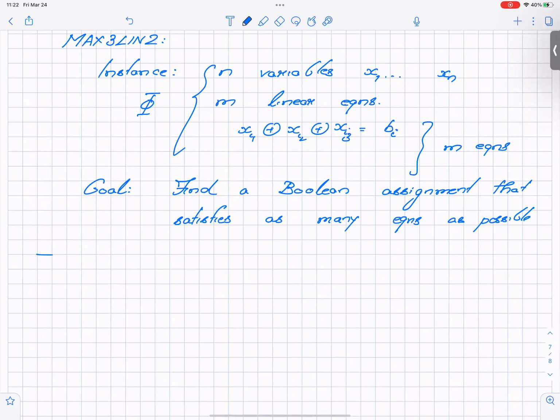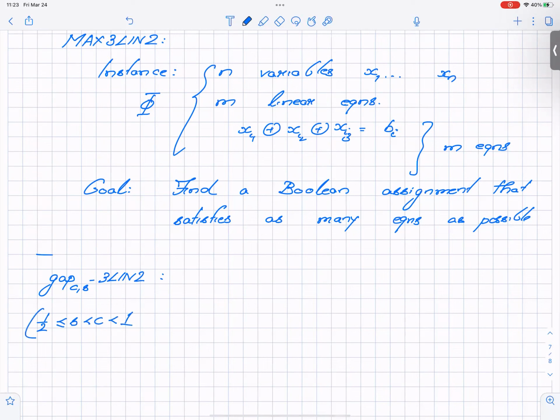So it will be convenient for us to come up with a gap (c, s) Lin-2 problem, where 0 is at least half, that is, half is less than or equal to s, which is less than c, which is less than 1.